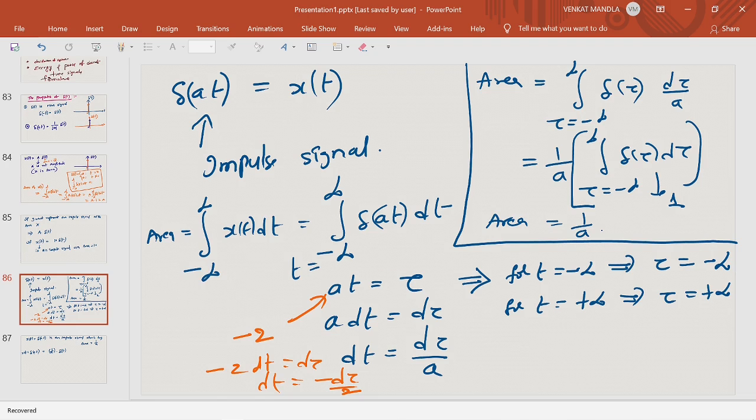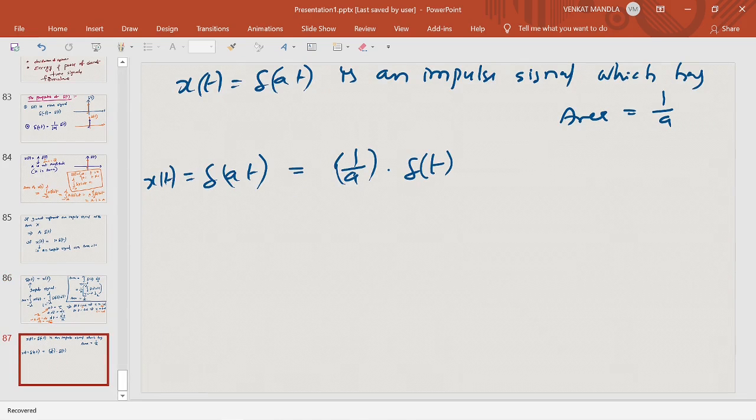Limits also change. For t equal to minus infinity, you get tau equal to plus infinity. For t equal to plus infinity, tau equals minus infinity. So here we have minus d tau by 2 and limits plus infinity to minus infinity. You can again swap the limits to minus infinity to plus infinity, then this minus will cancel. So in both cases you will get positive only.